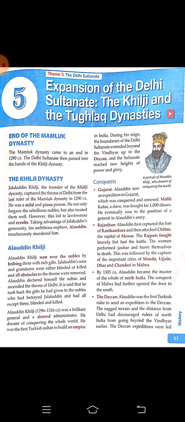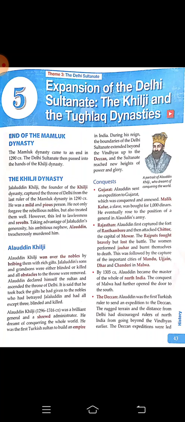The areas which he conquered in India, first is Gujarat, where one of his generals, Malik Kafur, who was bought with only 1,000 dinars, helped Alauddin Khilji to conquer Gujarat.